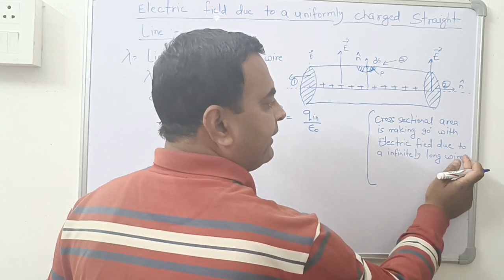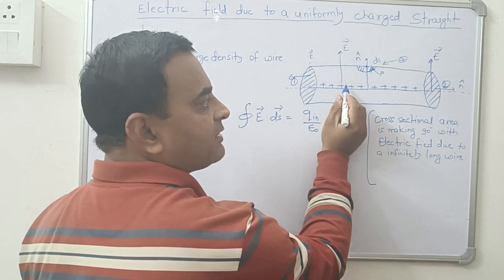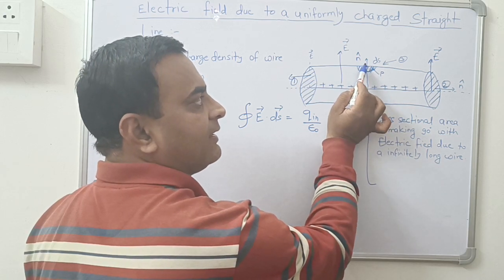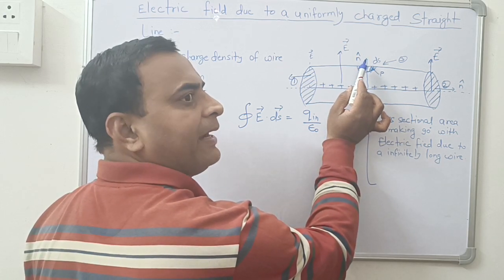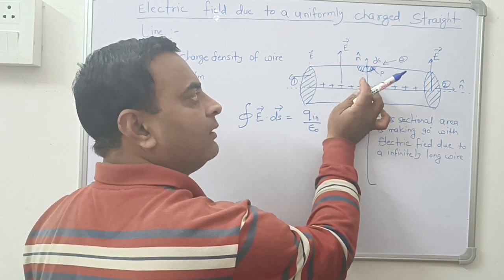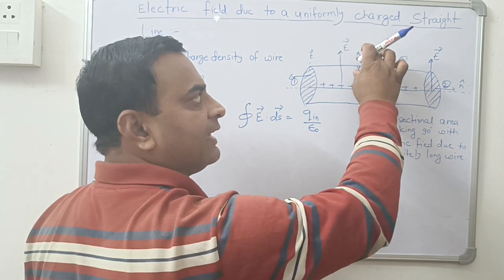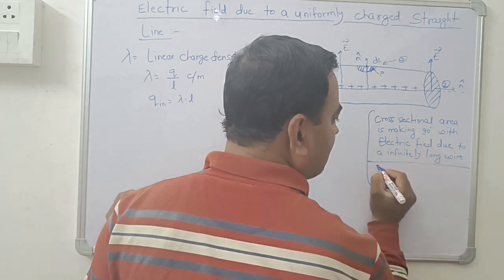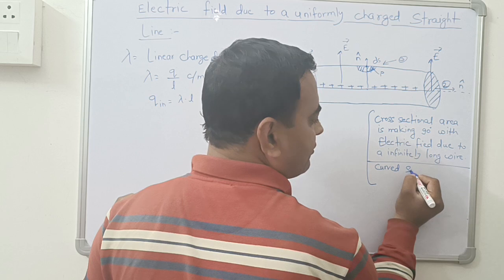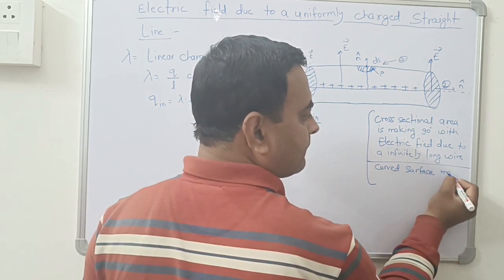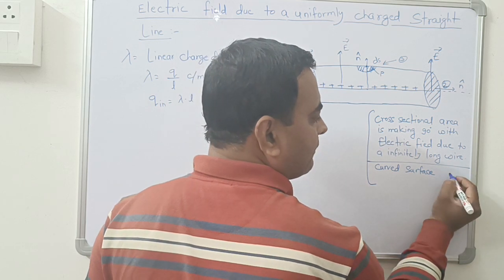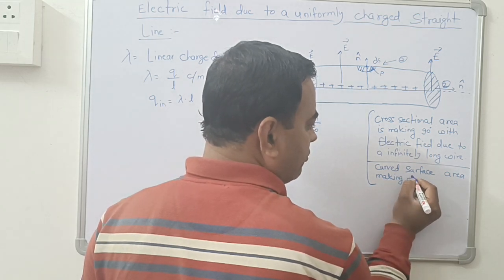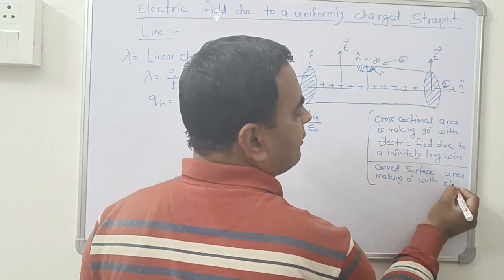And for the curved surface, the electric field and the area vector are parallel, meaning the direction of the area is in the same direction as the electric field, so it is making 0 degrees. The curved surface area is making 0 degrees with the electric field.